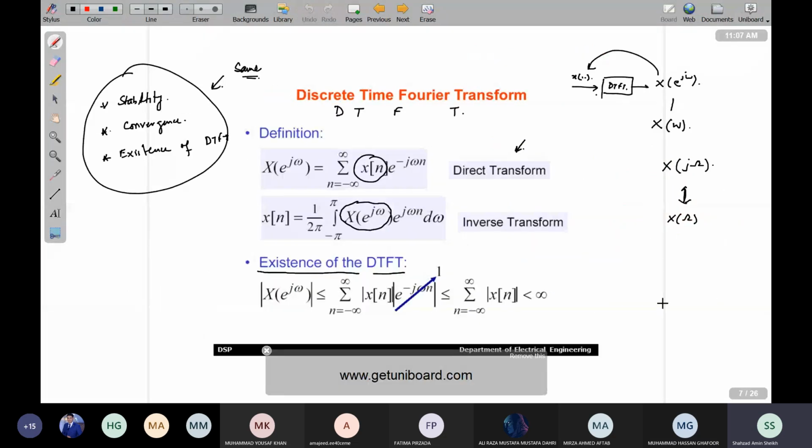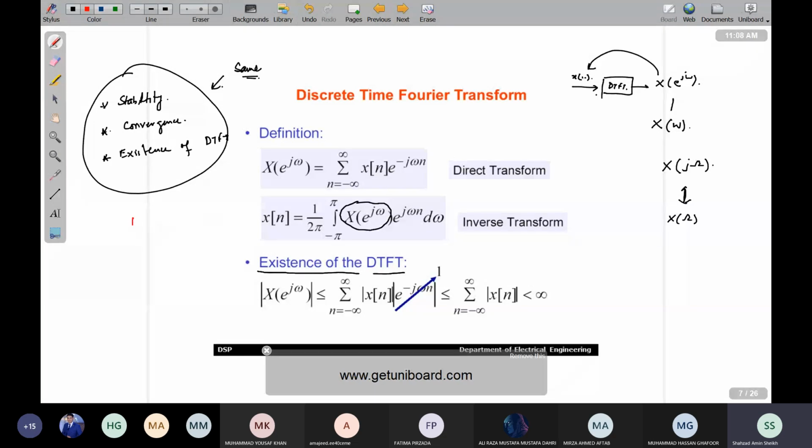Okay. So now the discrete time Fourier transform, by definition, x of e^{jω} is equal to the sum over n equal to minus infinity to infinity of x of n e^{-jωn}.